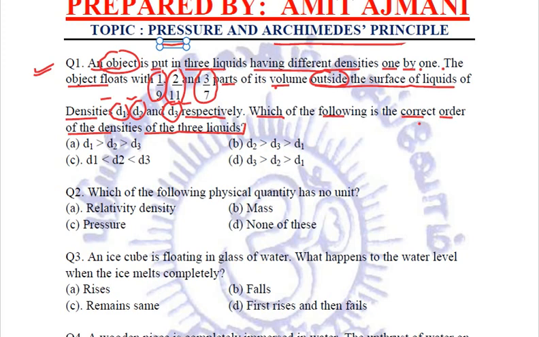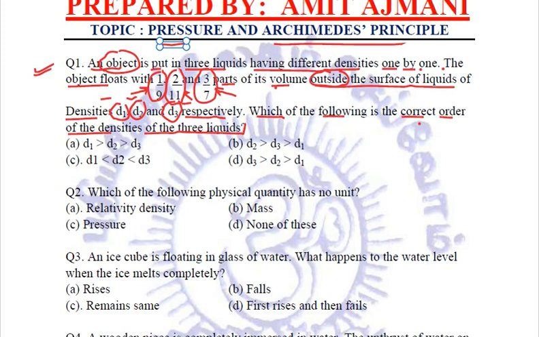Now 3 by 7th is the maximum volume outside. So that means this particular liquid is exerting the maximum buoyant force among these three. Then out of 1 by 9 and 2 by 11, 2 by 11 is greater than 1 by 9, and 1 by 9 is the least value.